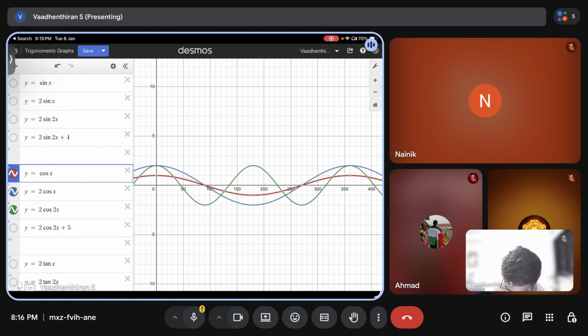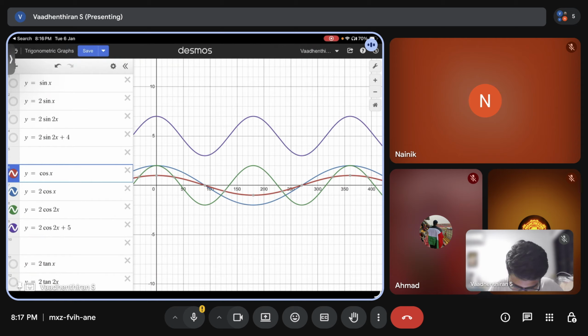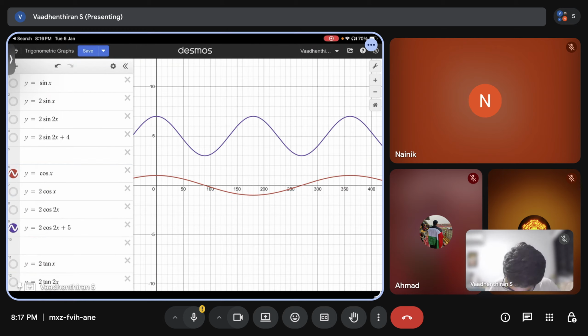And then in 2 cos 2x, the period gives the number of cycles in 360 degrees. If it is 2 times, then it gives the cycle for 180, and then from 180 it will go to 360. And then we will see the transition. You can see I wrote plus 5. So this green graph is transitioned 5 units up.